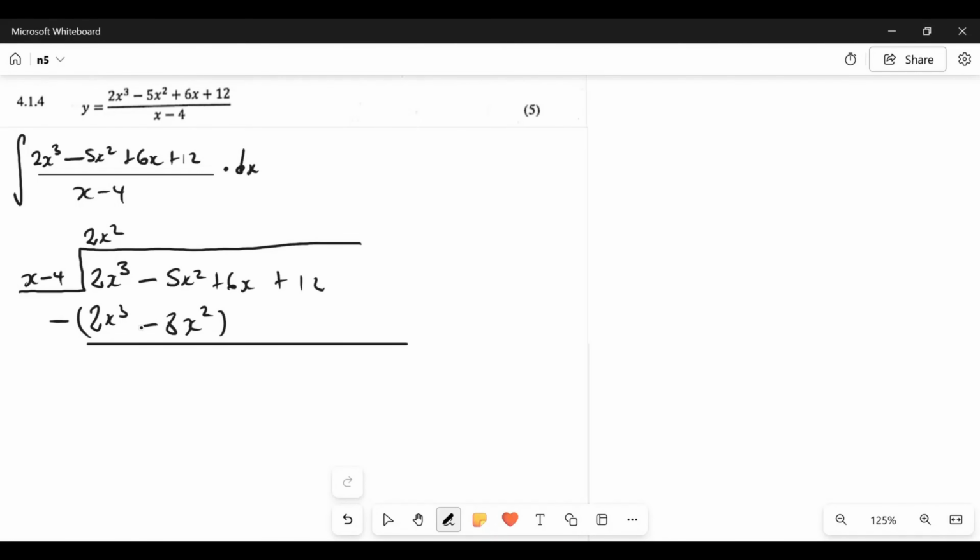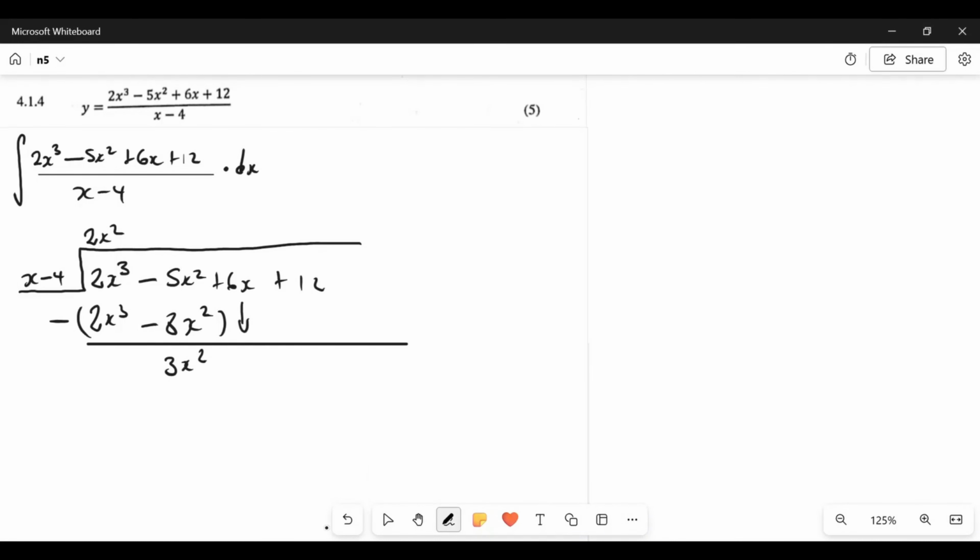So these ones here inside the bracket, they will change the sign. You just multiply by negative. Now this 2x cubed becomes negative minus that 2x cubed. This is going to give us 0. This here becomes positive. If it becomes positive, just know that we have negative 5x squared plus 8x squared. That is going to give us plus 3x squared.